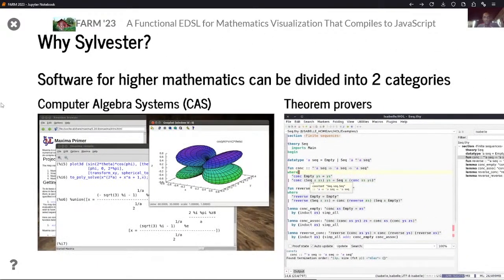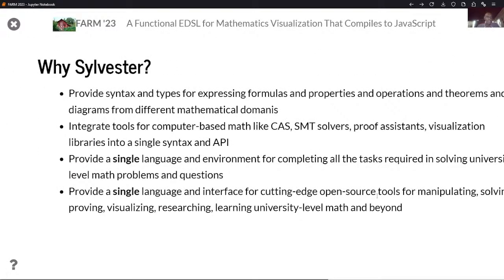Right now, for software for higher mathematics, we have computer algebra systems and we have theorem provers, and it's kind of split between these two general categories of software. What Sylvester tries to do is give you a syntax for expressing these different aspects of mathematics, a single language, a single interface for doing all these things.